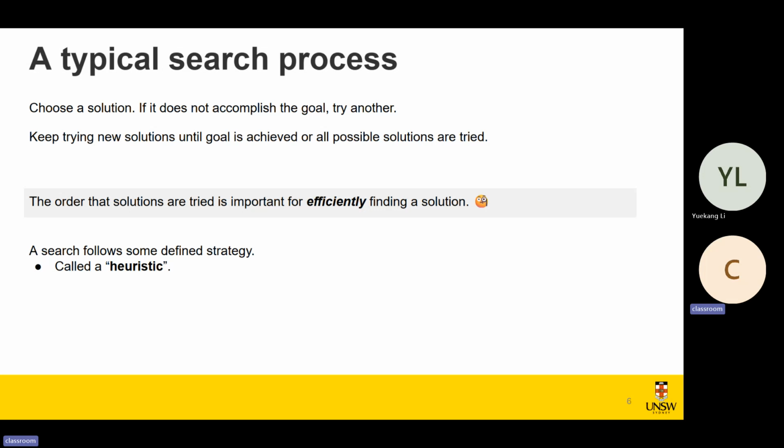A searching problem requires some strategies for us to make such decisions, like which solution to try out next. And these kinds of strategies we use to make these decisions are called heuristics. So heuristics are used for choosing these solutions or ignoring some of the solutions.